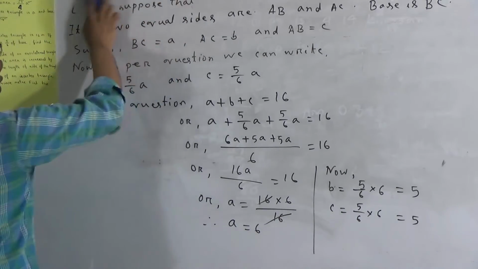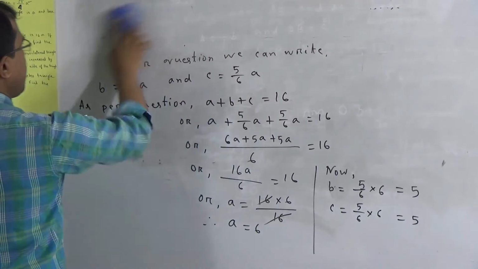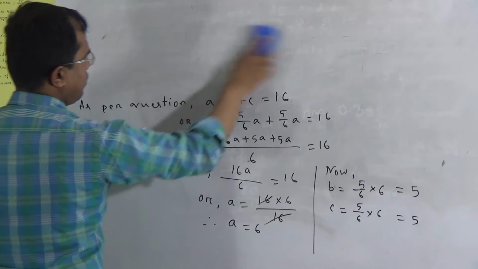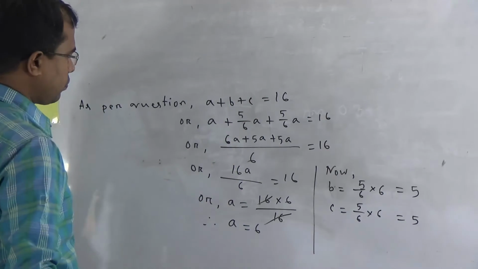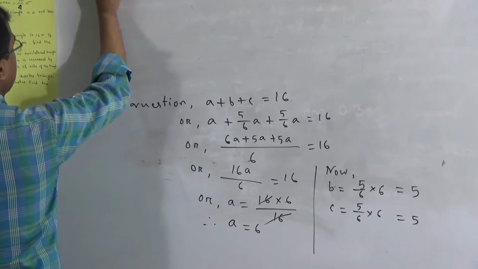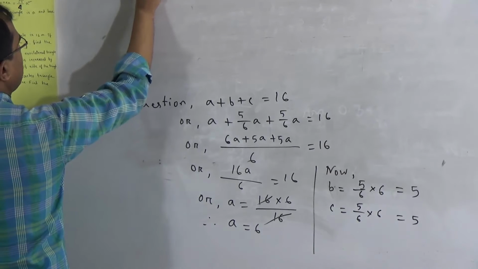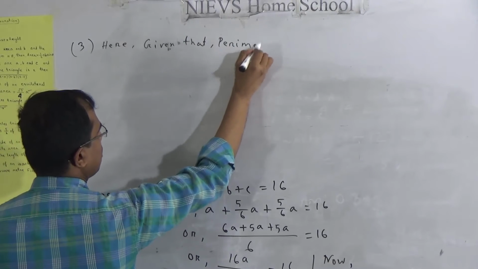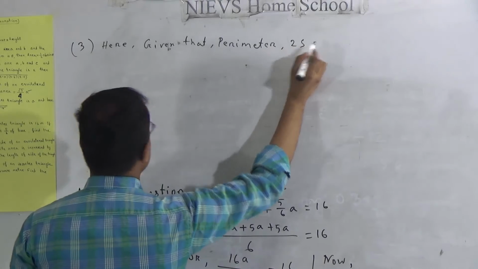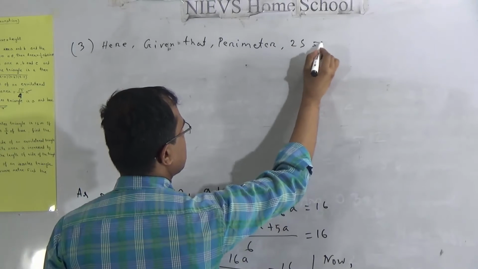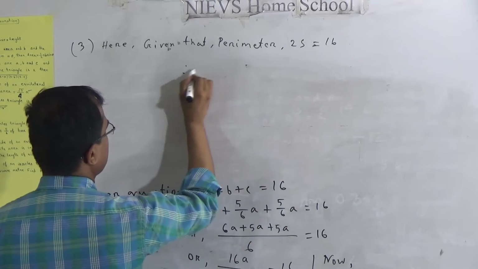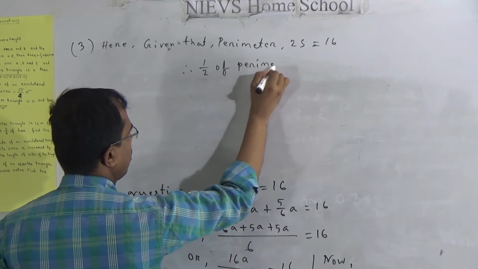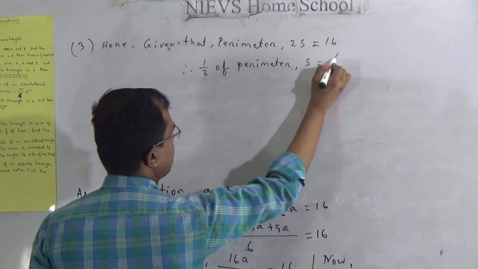Here perimeter is 16, so half of perimeter will be 16 by 2, and we will define half of perimeter by S. Given that perimeter 2S equal to 16, therefore half of perimeter, S equal to 16 by 2.